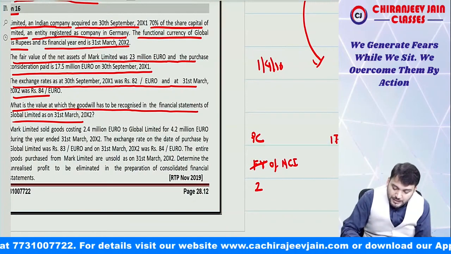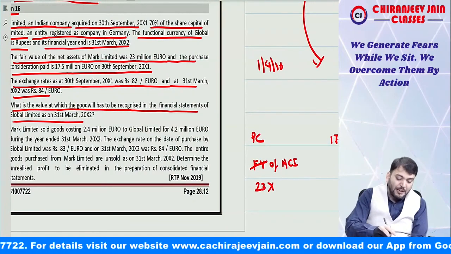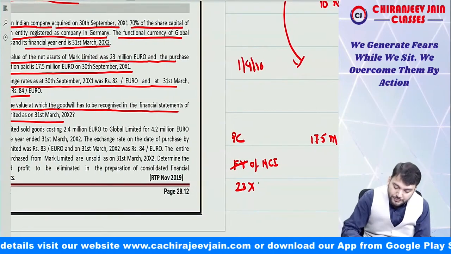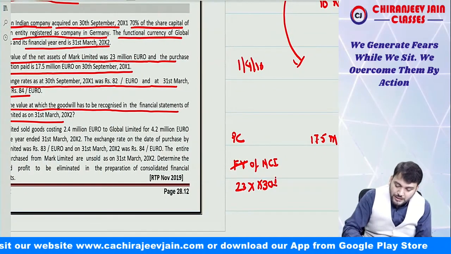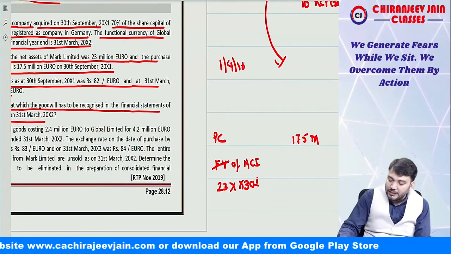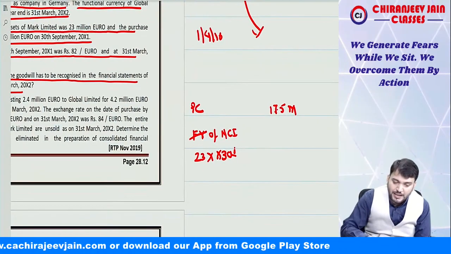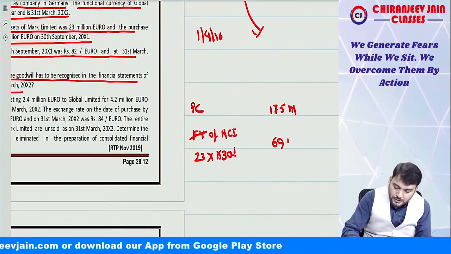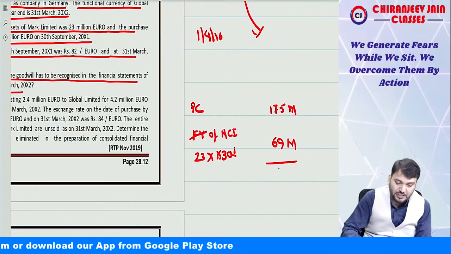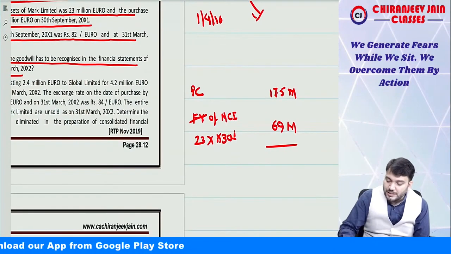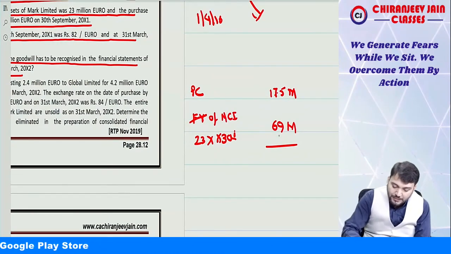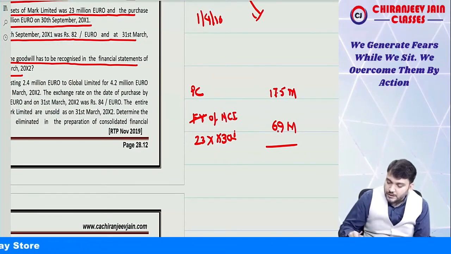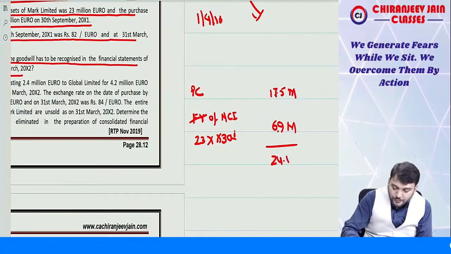So that will be 23 into 30%, because fair value of net asset is 23, into 30%. So 23 into 30% is equal to what? 6.9 million euro. This is in euro. Correct? So it becomes 17.5 plus 6.9 is equal to 24.4.